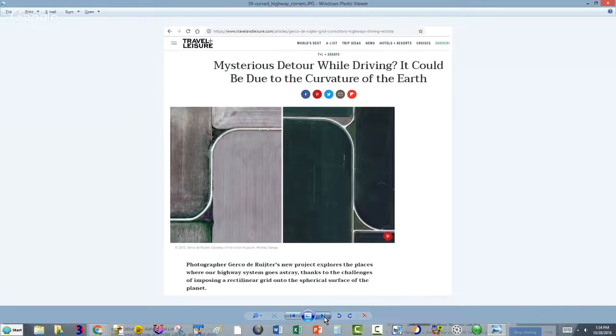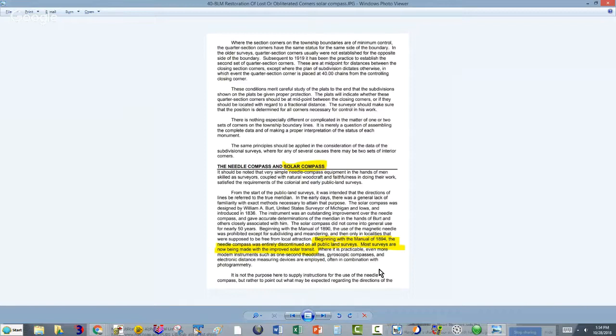So one of the things that interested me is the fact that there is such a thing as a solar compass. I've never used one, but I've read about these. And you can read right here from the book that I just showed you how they abandoned the use of the magnetic compass because that magnetic needle would be affected by different material in the earth and would throw off your bearings.